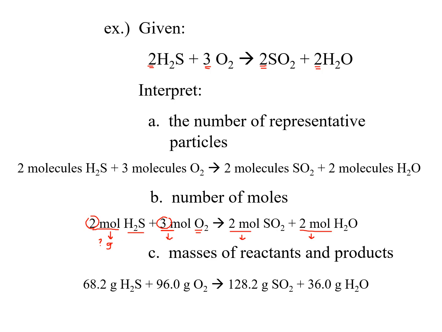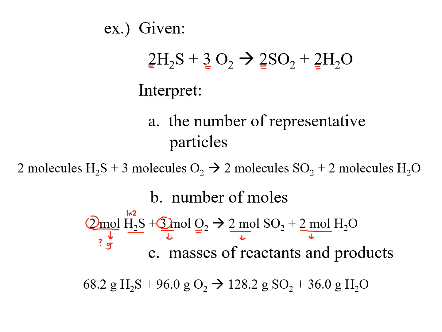So how did I get 68.2 grams for H2S? Well, I went on the periodic table, right? And I looked up H, which weighs about 1 gram, but there's 2 of them, right? So I have 2 grams from the H. And then the S here, right? If you look up sulfur on the periodic table, what is it, like 34.5 or something like that?